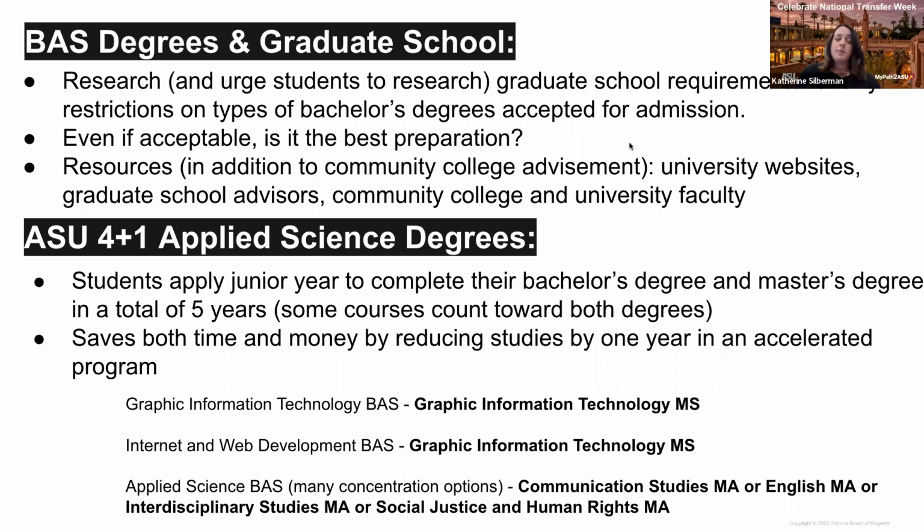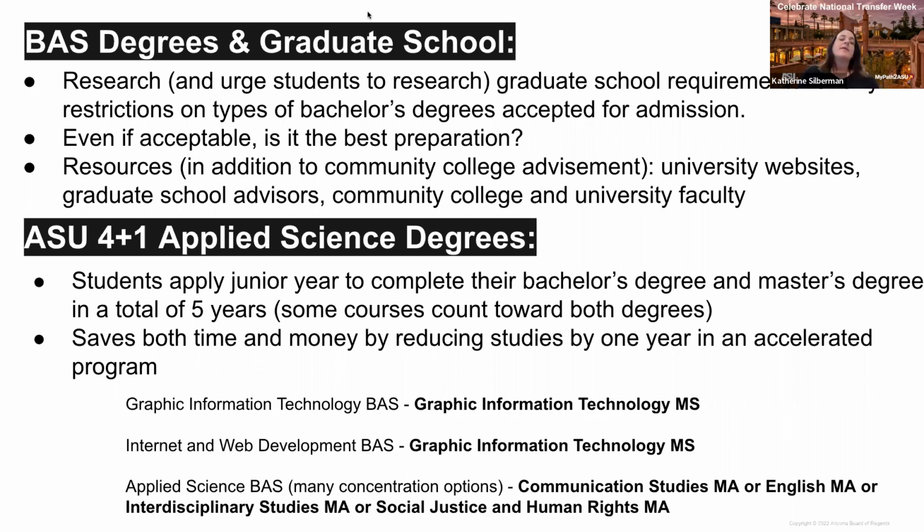But that human element, graduate school advisors for the programs that you're interested in going to, even if you're not sure where you're going to go, asking graduate school advisors who know those programs inside and out and who might be involved in reviewing applications, as well as community college and university faculty who are the content area experts, and they've been through the process, and they often have graduate degrees, maybe even several. So those are going to be great options.